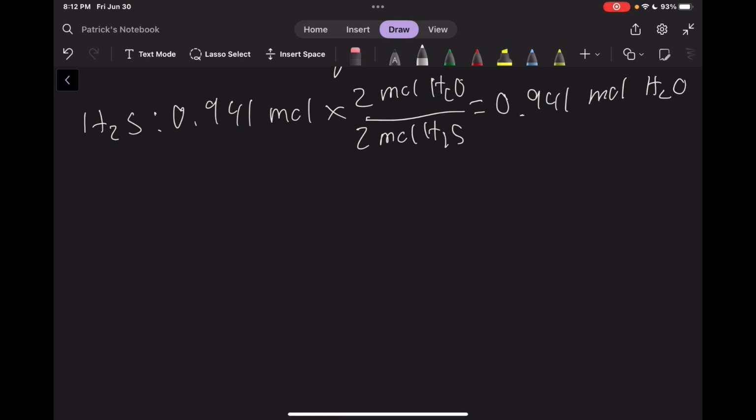The ratio between water and sulfur dioxide is 2/1.